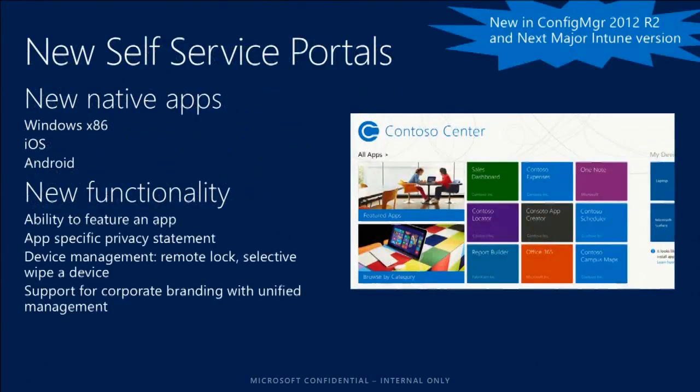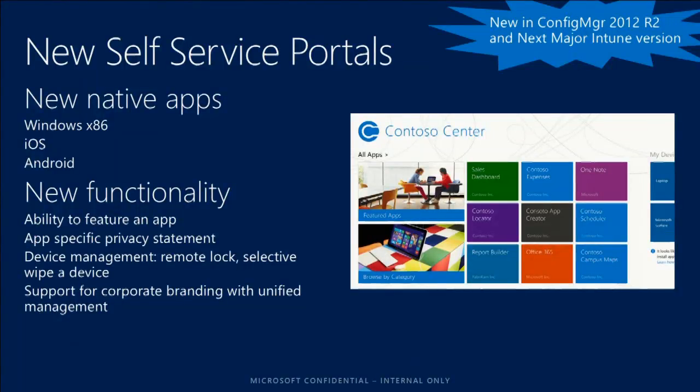New self-service portals. Coming in the R2 release is, Mark mentioned, the self-service portals for the mobile devices we're managing. Now we're going to have native portals for iOS and Android devices. So a native iOS application, a native Android application that will look like this. You can go in there, you see the branding up there, it says Contoso Corporation at the top. You'll be able to find those applications that have been targeted to those users and let them pick and choose the apps.